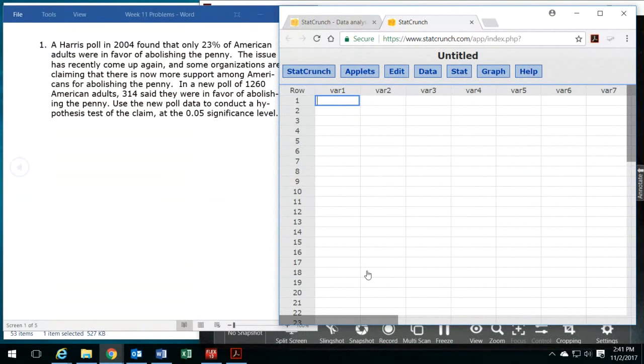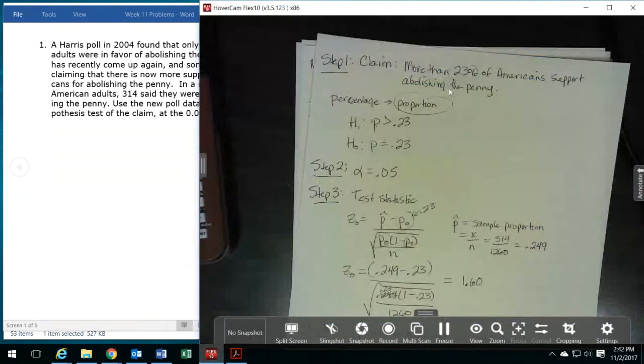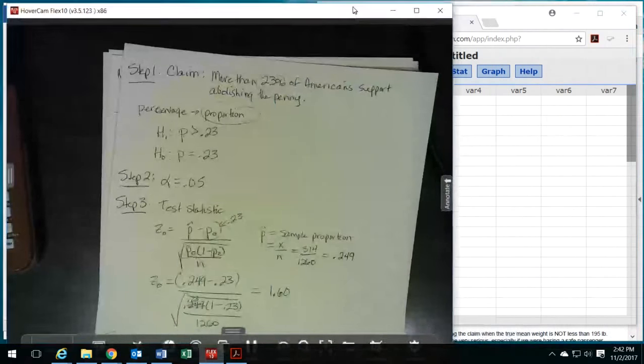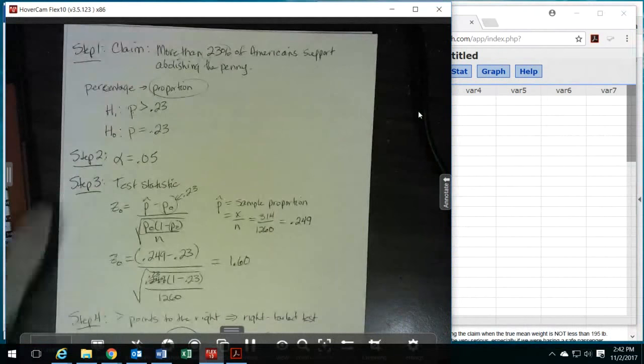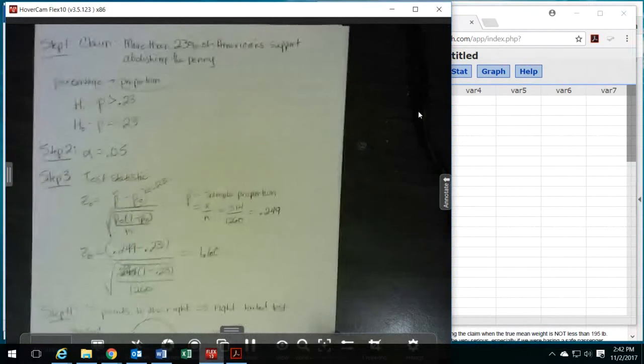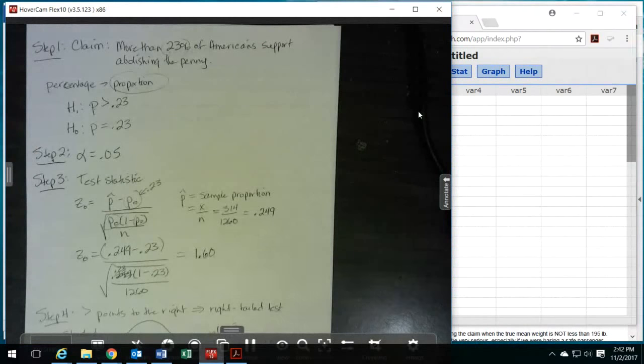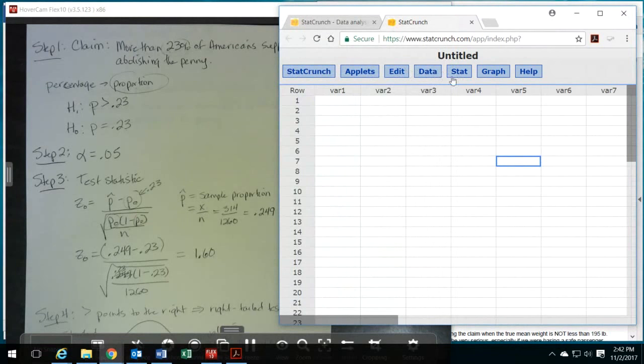So if you're going to do a hypothesis test on StatCrunch, you still have to do a lot of the initial work. We'd still have to have basically the first two steps done, because we have to know what our null and alternative hypotheses are, and we have to know what our significance level is.